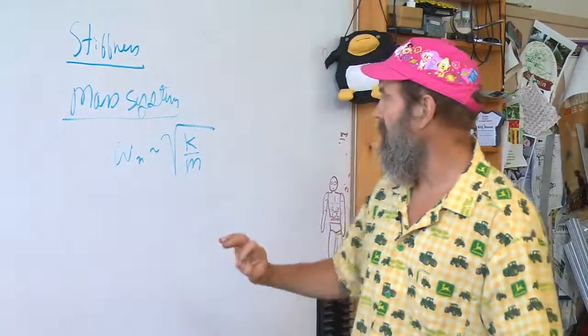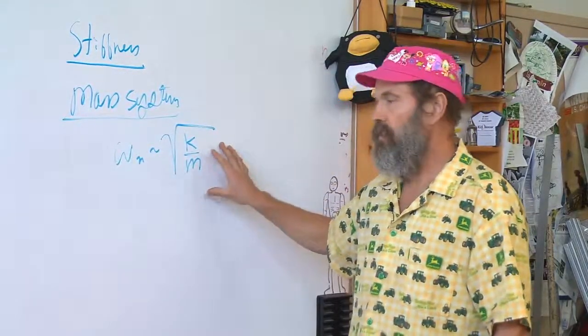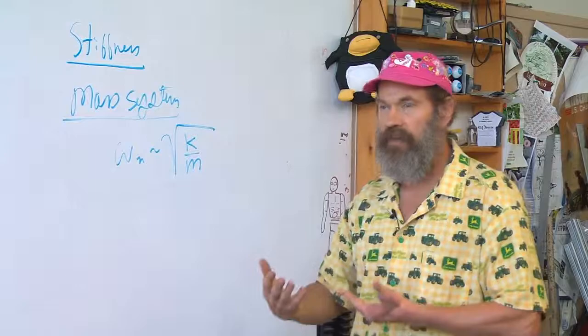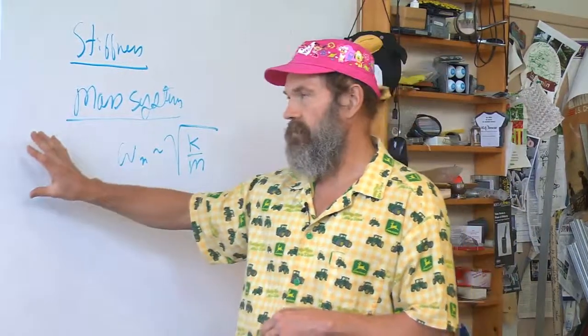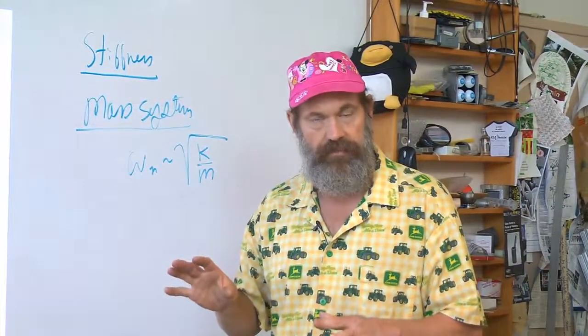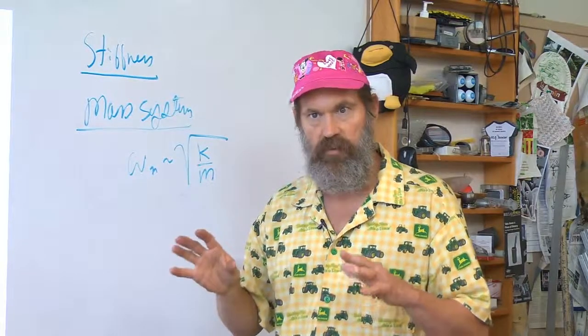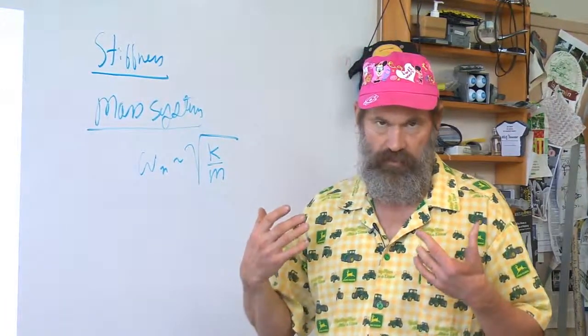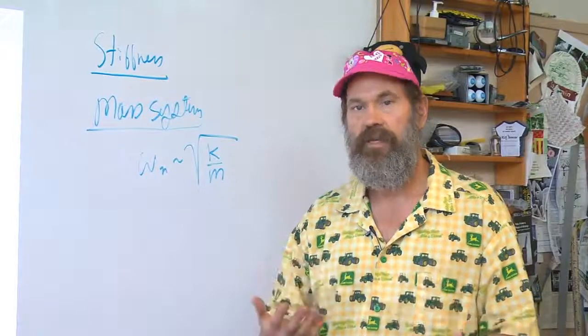At the layout stage, this is all you can do. As you get into the detailed design phase, then finite element modeling can be very, very valuable in starting to predict much more accurately what the vibration mode shapes are and the natural frequencies are.